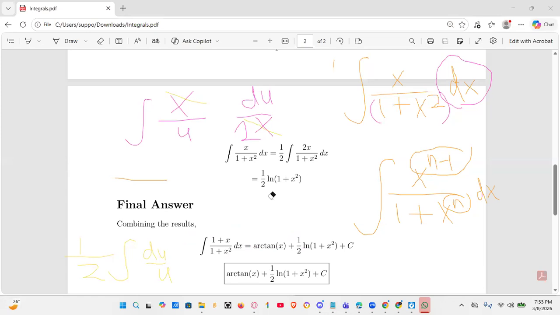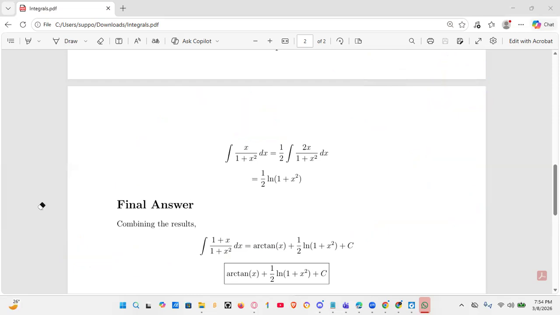And in this case, ln u, the natural log, is ln of 1 plus x squared. So that would be the final answer. So we are summing up our two answers because we had two different integrals.